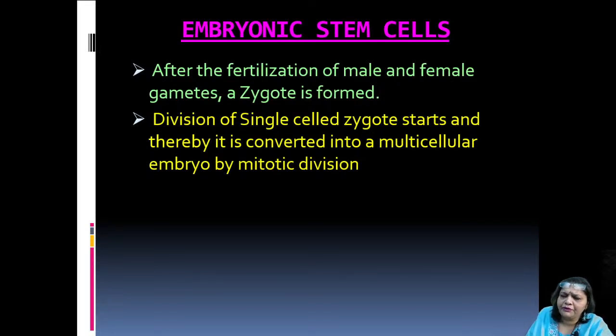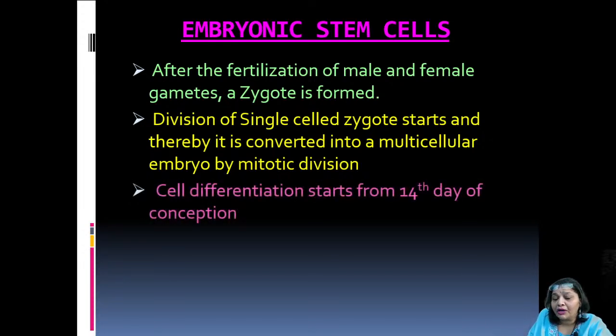By simple mitotic division, the zygote is converted into an embryo. We term that the morula. Now, generally, after this morula stage, the cells start arranging themselves in layers, the stage being called the blastula or the blastocyst.